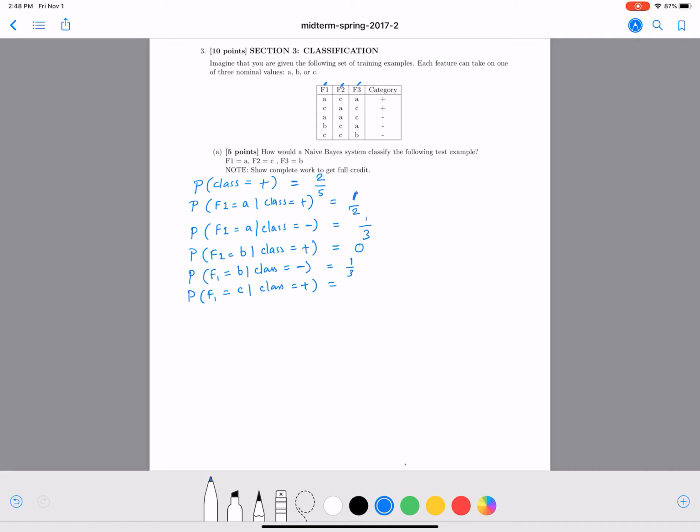We calculated feature 1 equal to A first, then B, then C, class equal to plus. C and plus, there is 1. There's another one where it's A. So this would be 1 by 2. Probability of feature 1 is equal to C, class equal to minus. There is one of those here. So this would be 1 over 3.